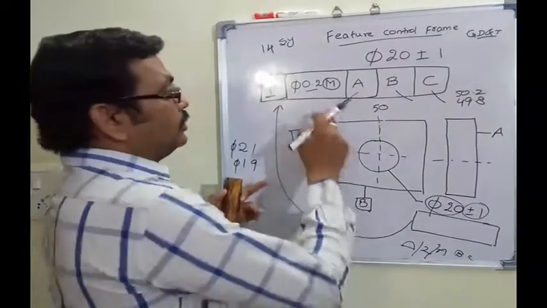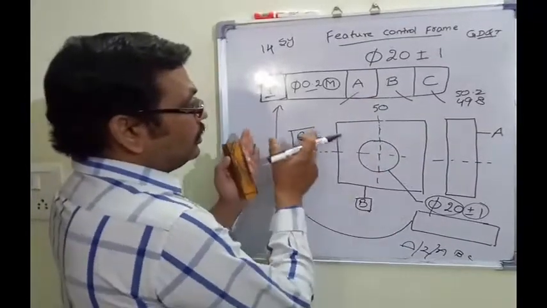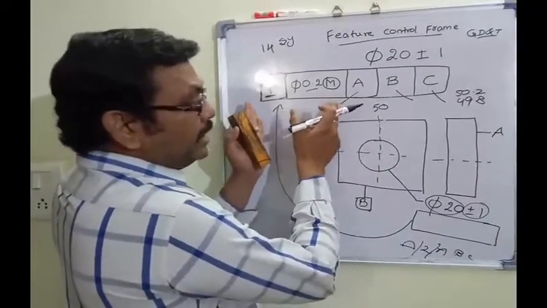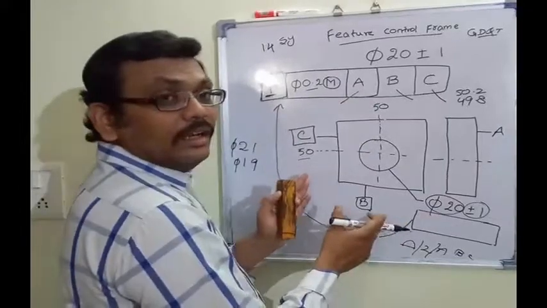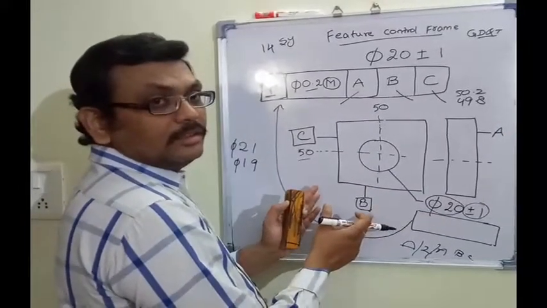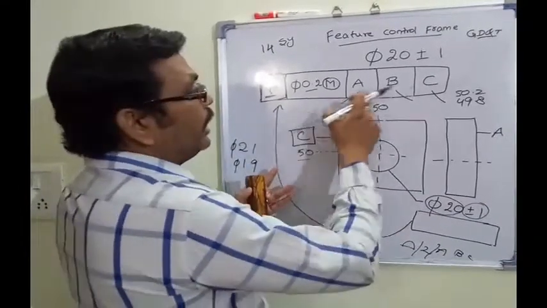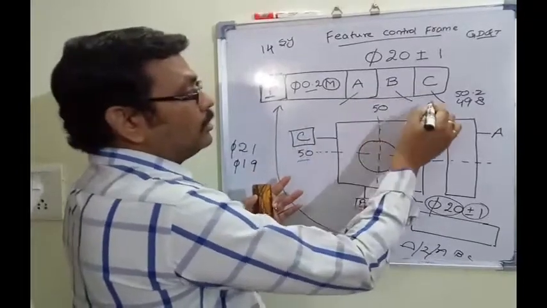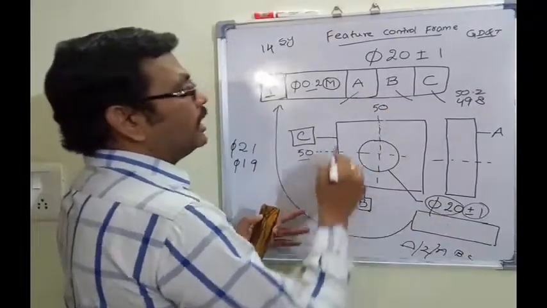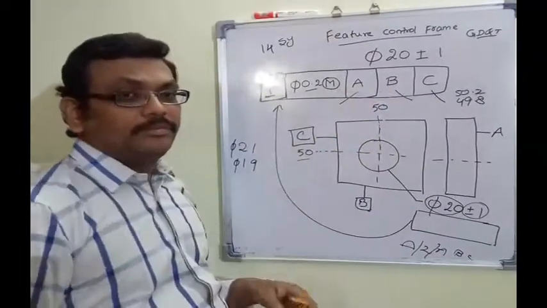Right? So we have to position this GD&T based on the datums, and we have qualified or used all the datums in this G-tol.